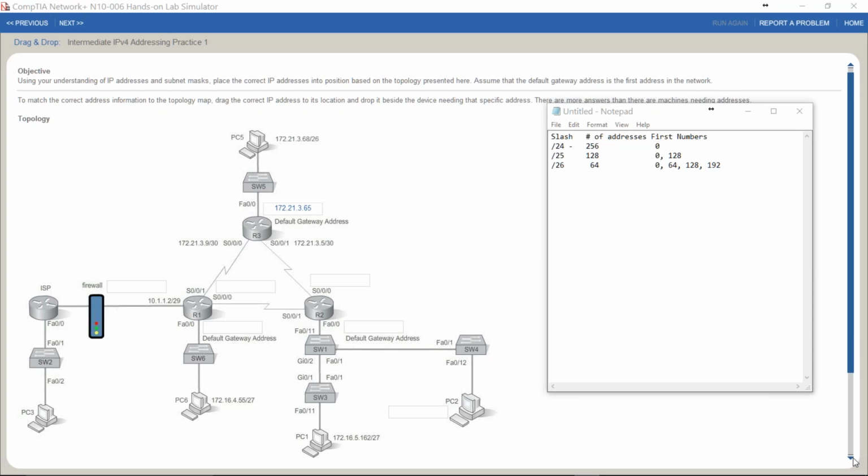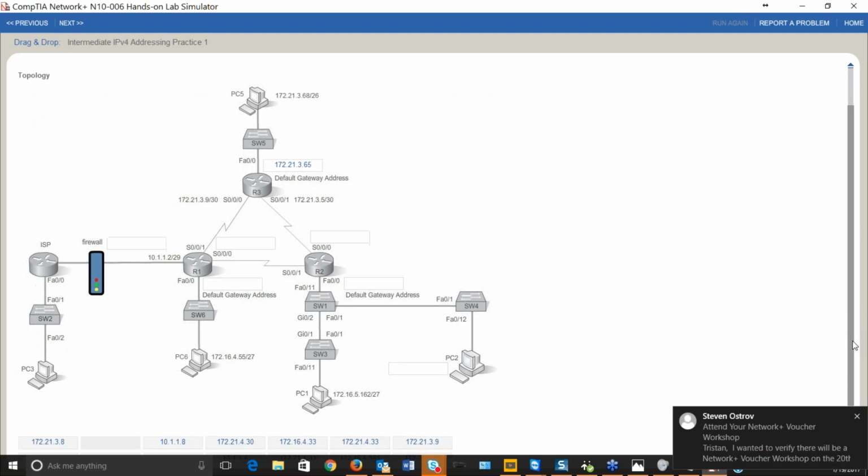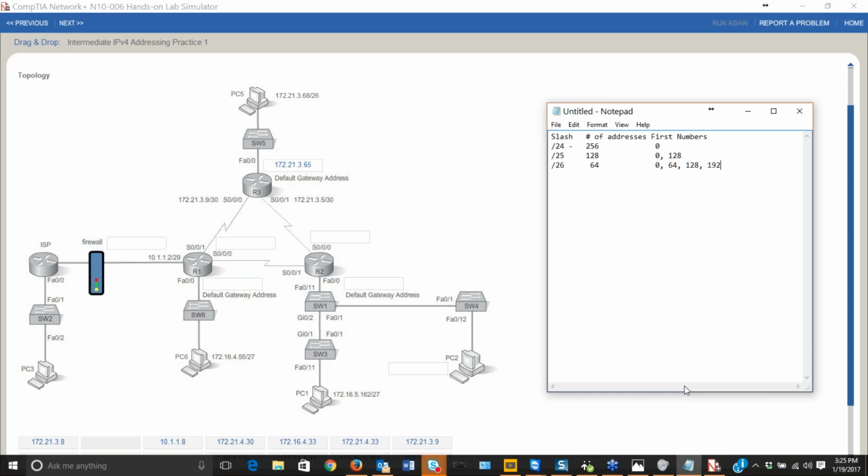I'm going to scroll this down just a little bit because we already have that first address covered. Let me get the notepad back up. If it's a /27, help me out here: how many addresses in the block? 32. Yes, 32.